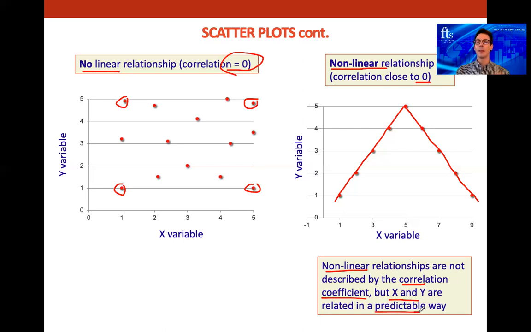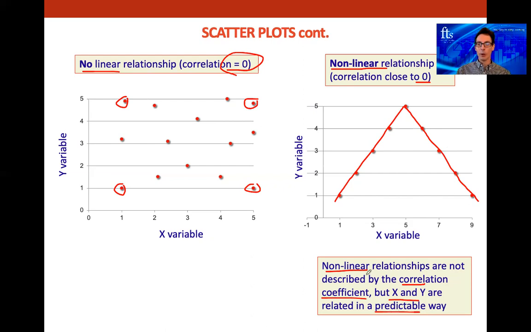Well, we can see they are related in a predictable way. Why? Because when X is below 5, as X goes up, Y goes up. But as soon as X is more than 5, as X goes up, Y goes down. So therefore we can see they are related in a predictable way.